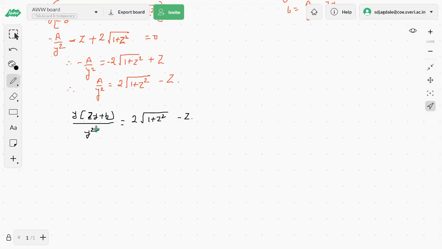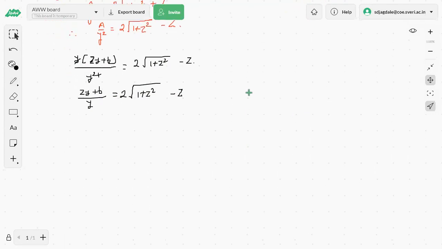Okay, so one y will get cancelled. So what else remains now? (zy plus b) divided by y is equals to 2 times root of 1 plus z square minus z.